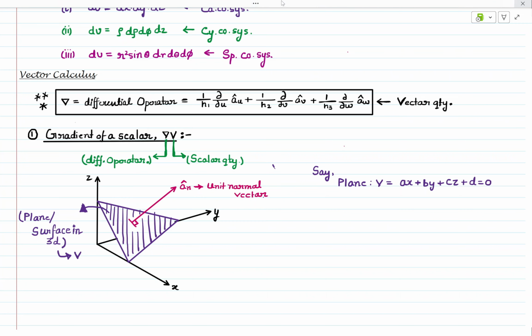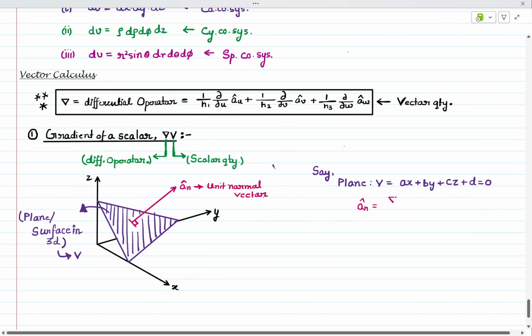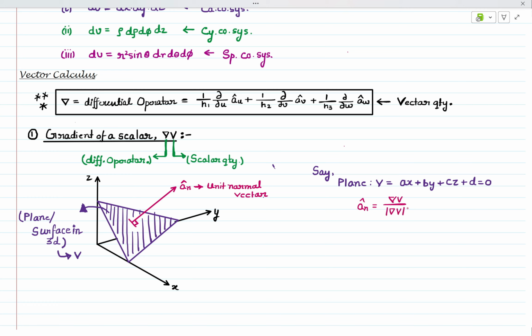So now if I want to determine the unit normal vector, that is the an, then that an can be given as del V divided by modulus of del V. That is the unit normal vector.